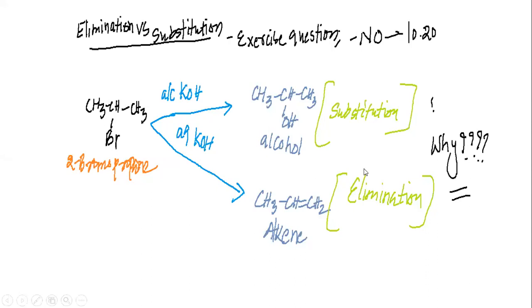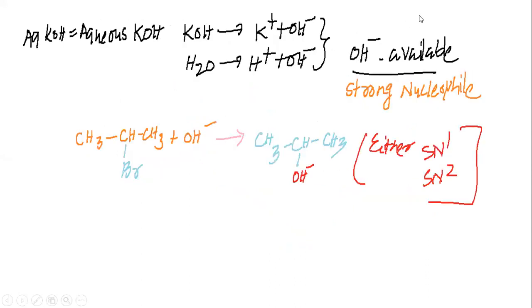So my dear students, the question arises here that when aqueous KOH reacts with the alkyl halide or haloalkane, why does substitution reaction take place, and why do we get alcohol as a product? In case of the aqueous KOH, you can see that KOH dissociates to give us K+ and OH-. H2O, which is also present, gives us H+ and OH-.